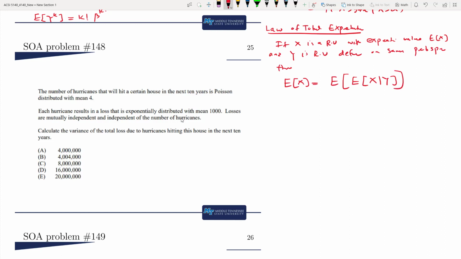So you have the conditional expectation of x given y, and then you are taking the expected value of that. So that's the law of total expectation. The second law is the law of total variance.